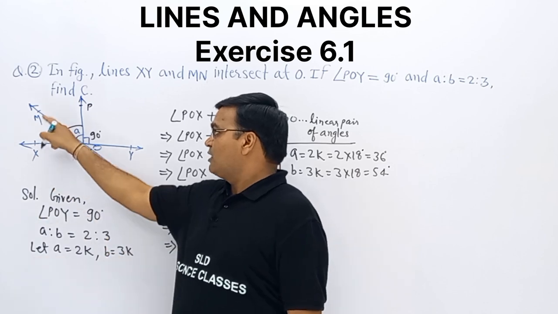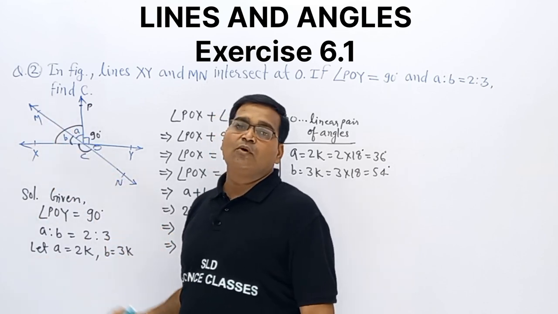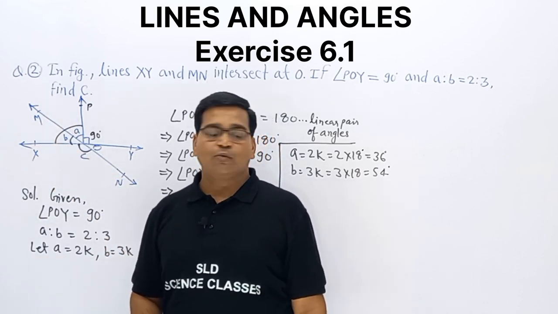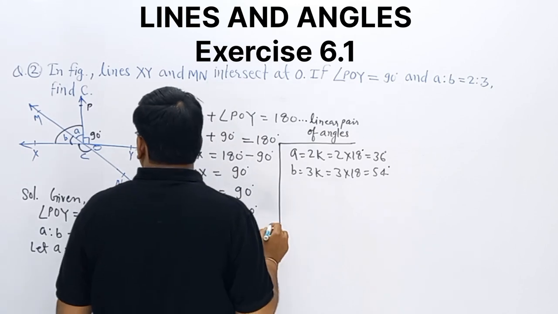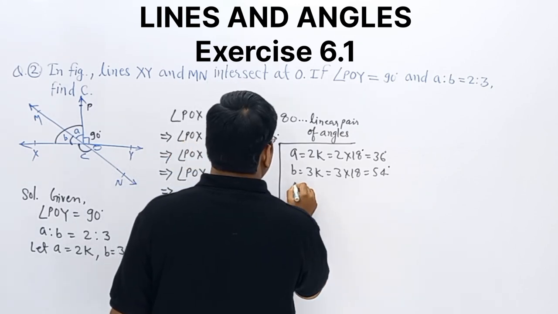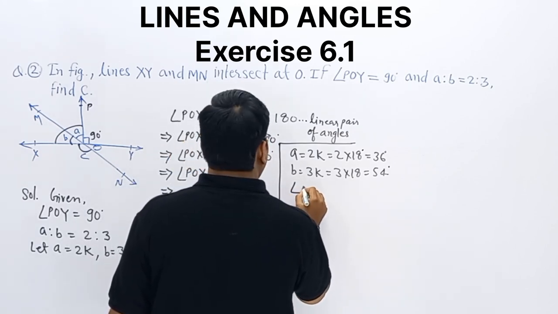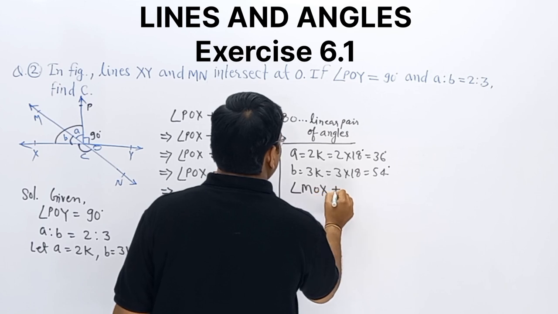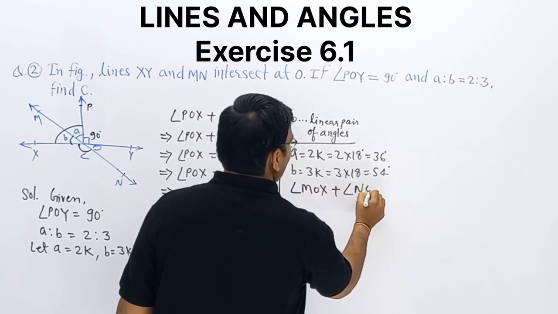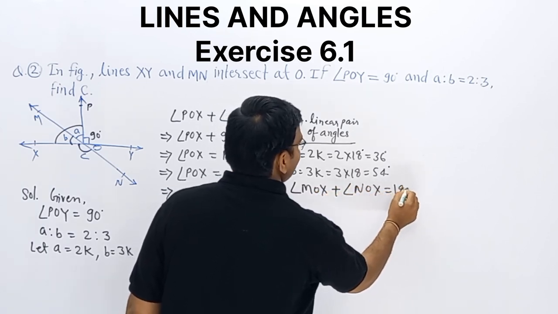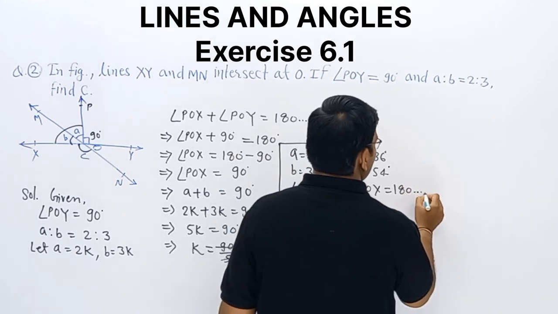Why? Because this ray is standing on the straight line. So what we can say? Angle MOX plus angle NOX will be 180 degrees. Why? Because of linear pair of angles.